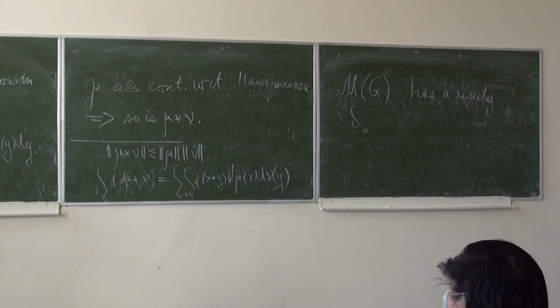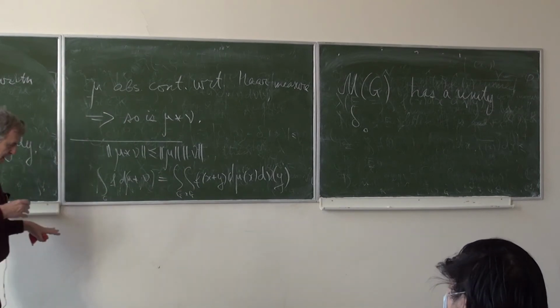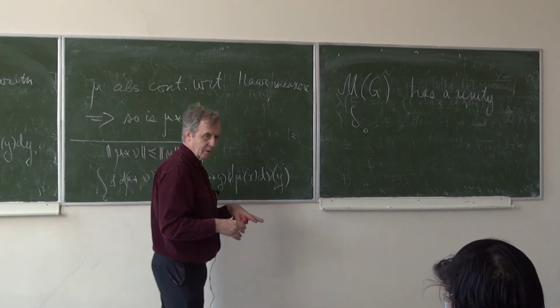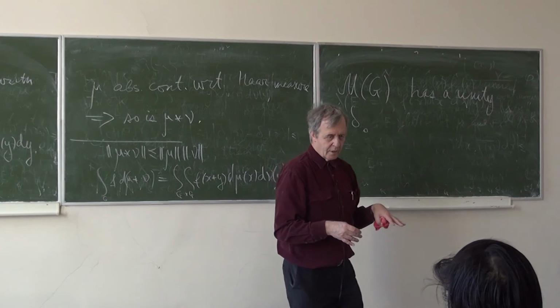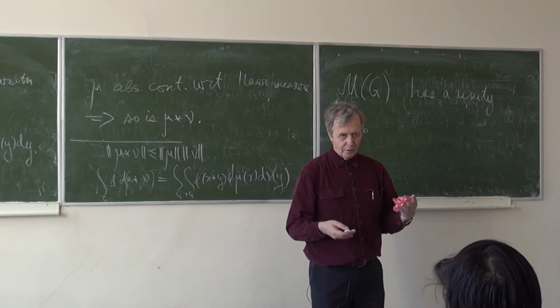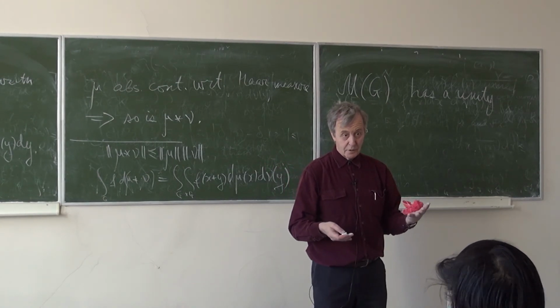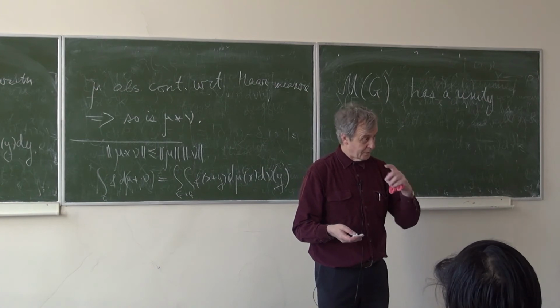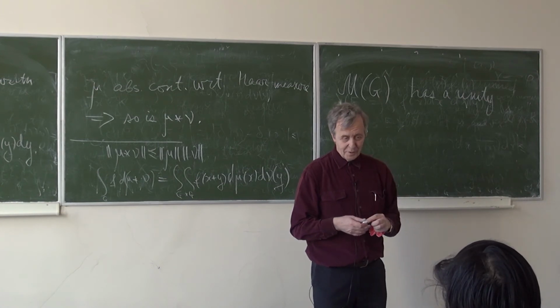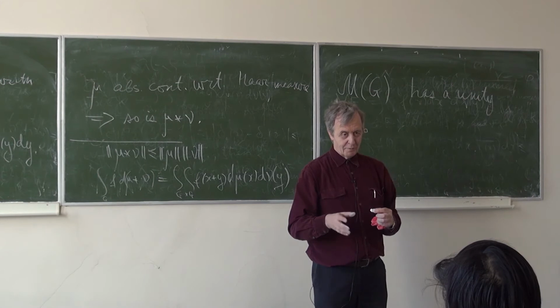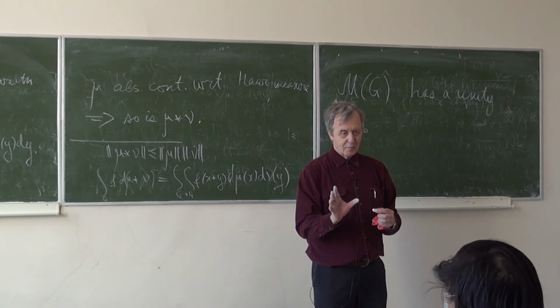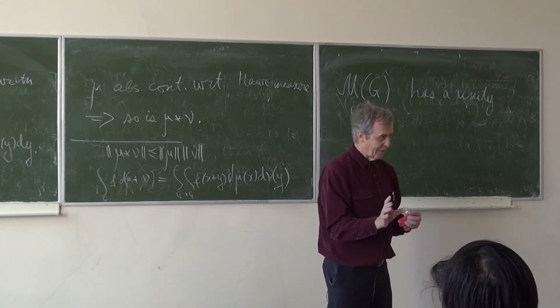Also, when we talk about absolutely continuous and singular measures, we may recall what is called the Lebesgue decomposition. And the Lebesgue decomposition tells something more substantial, that if you have a measure, it decomposes in three parts.